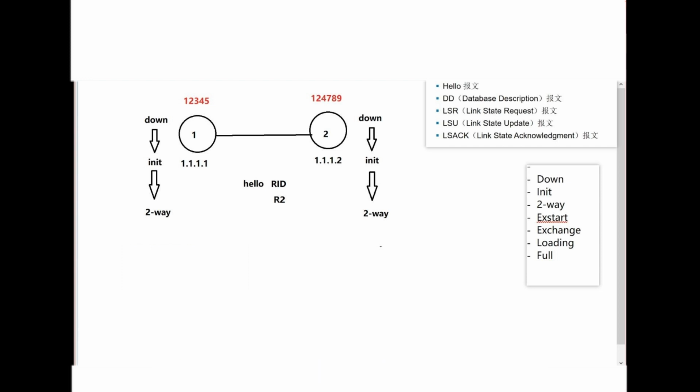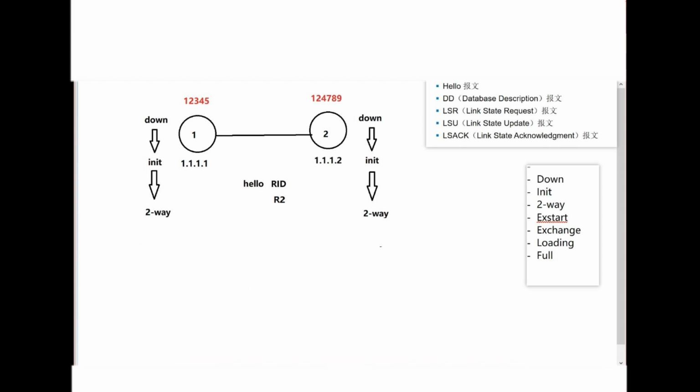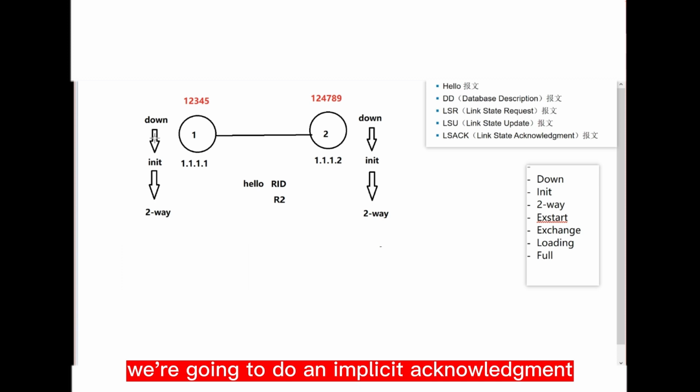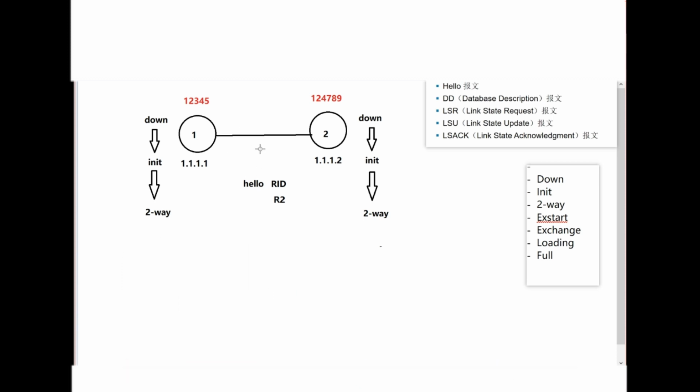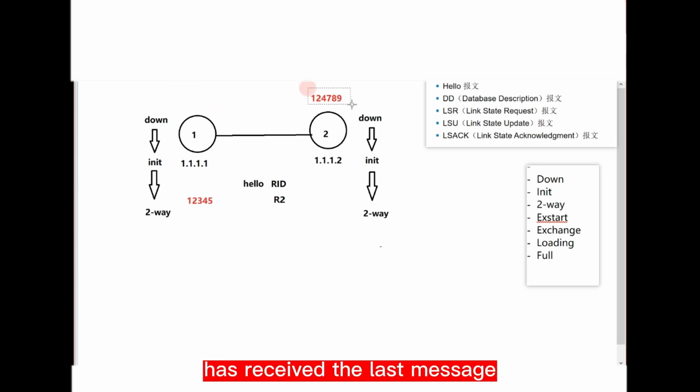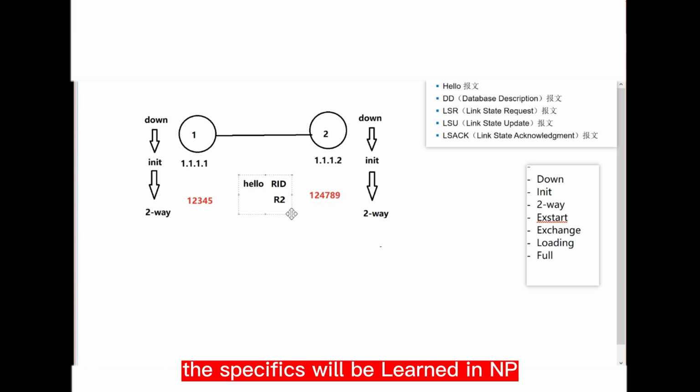When the device is syncing, we will elect a master-slave to determine who initiates the sync first. In the process of syncing, we do an implicit acknowledgement. It will have a serial number inside. We increment the serial number to represent that the device has received the last message. The specifics will be learned in NP.